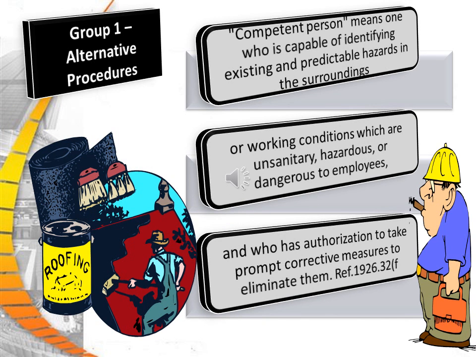A competent person means one who is capable of identifying existing and predictable hazards in the surroundings of the work environment, which are unsanitary, hazardous, or dangerous to employees, and who has the authorization to take prompt corrective measures to eliminate them. References: 1926.32, Section F.